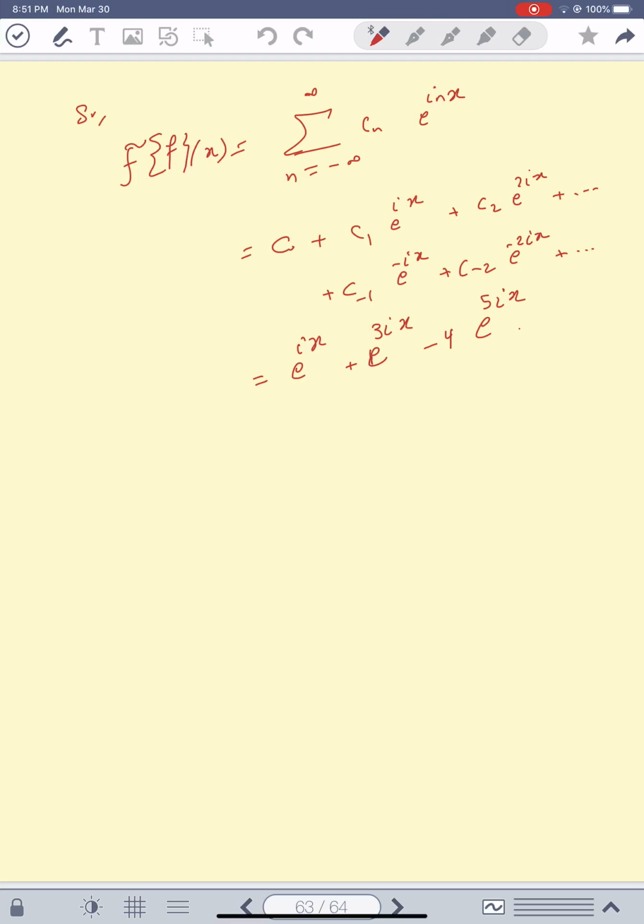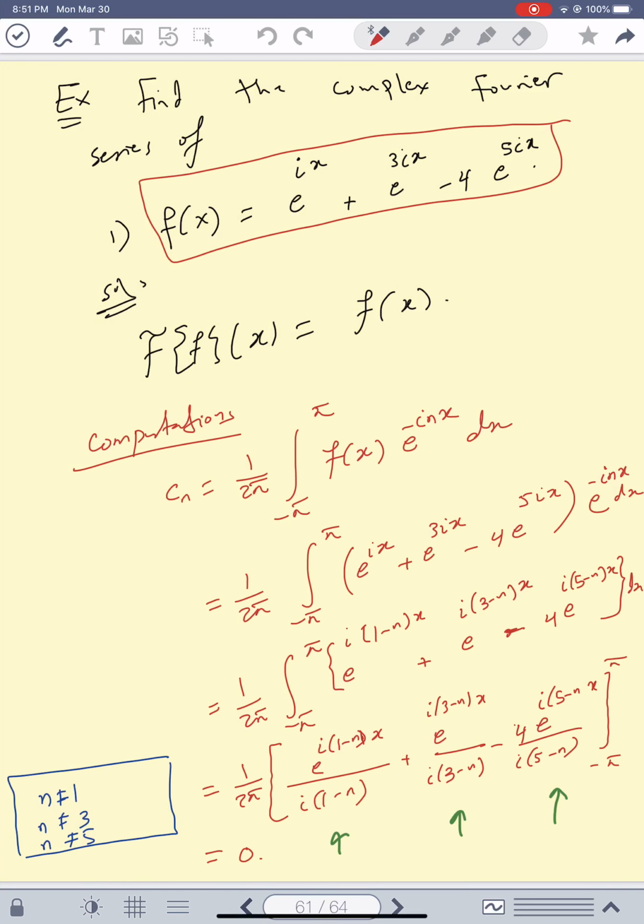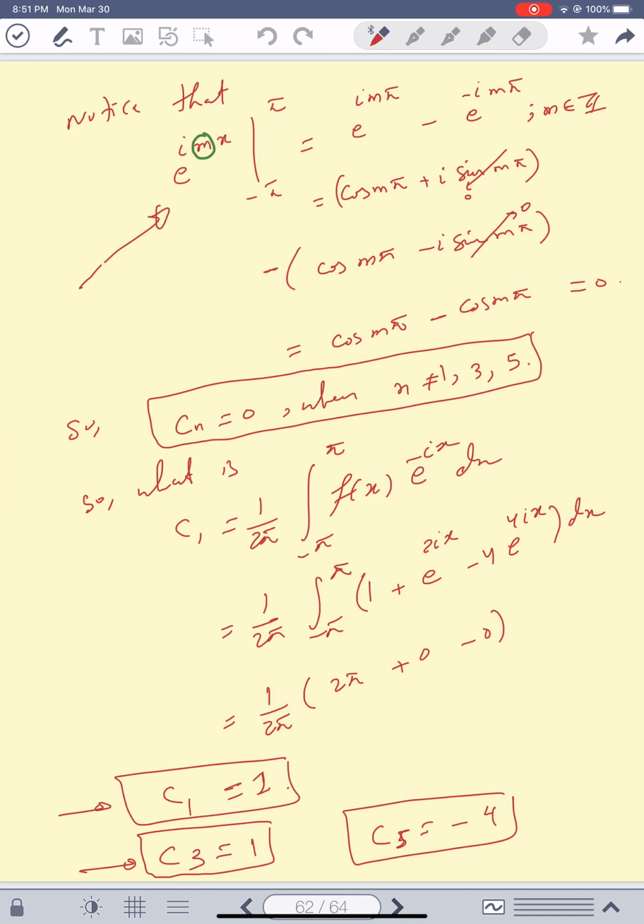This is the details behind all the computations. Again, in this example, we did not need to go through all these computations, but this is how it's done, and this is our understanding for the complex Fourier series. From the beginning, this function is composed of complex exponentials, so I can write the Fourier series right away without doing any of the red computations here.